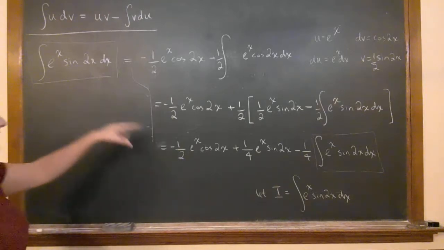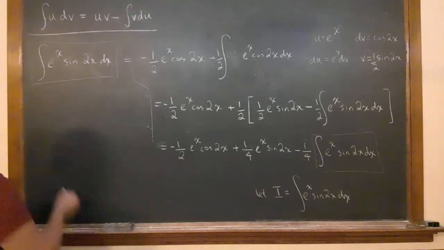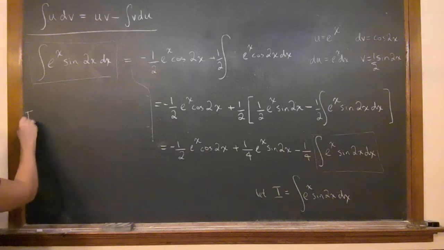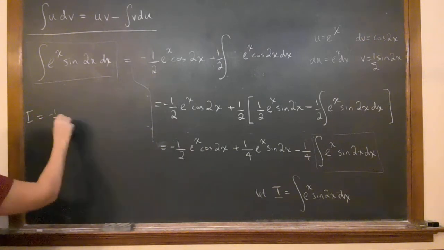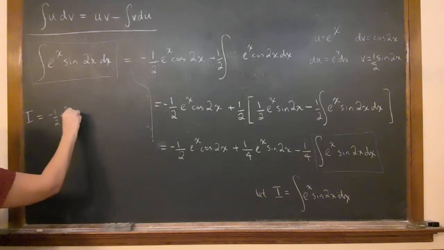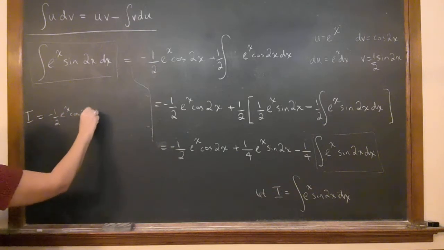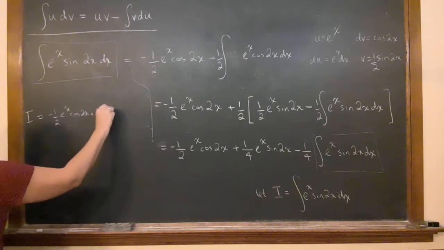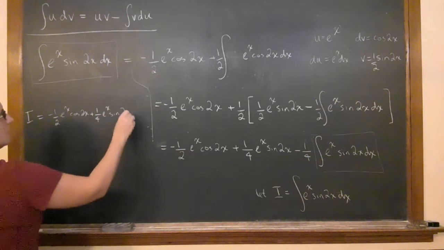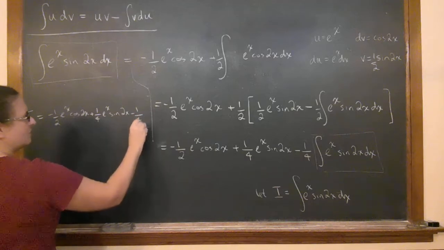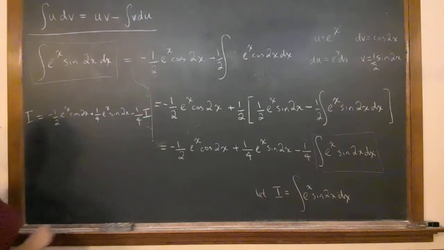So if I rewrite this, I have I equals whatever this stuff is here, plus 1/4 e to the x sine 2x minus 1/4 I. Okay, I don't know if that's too small.